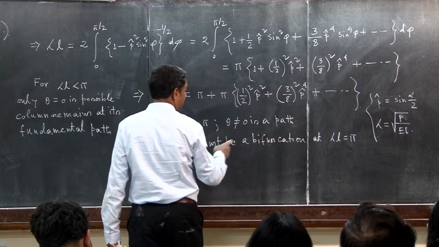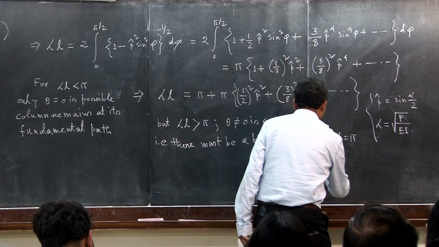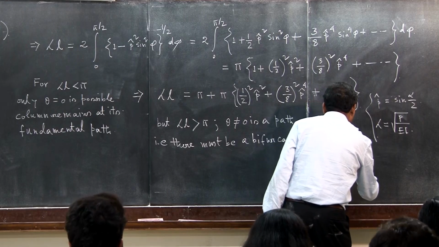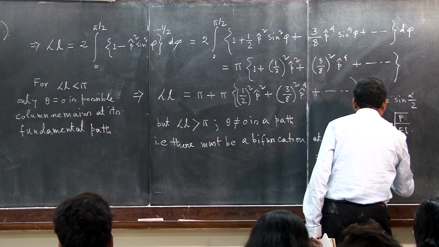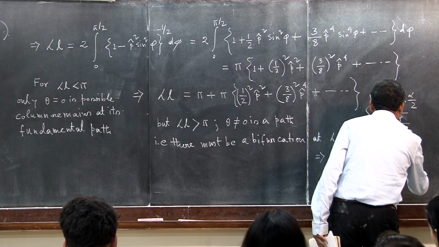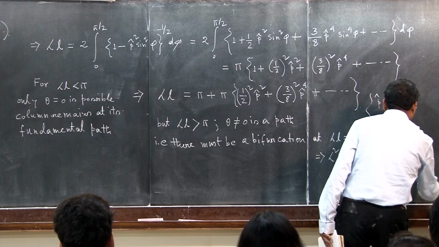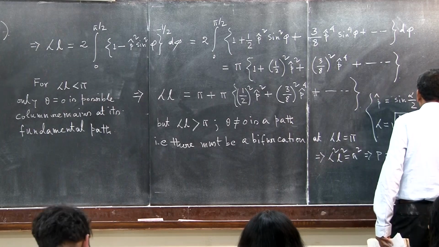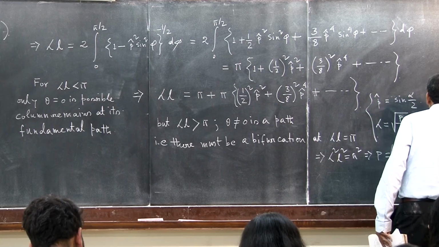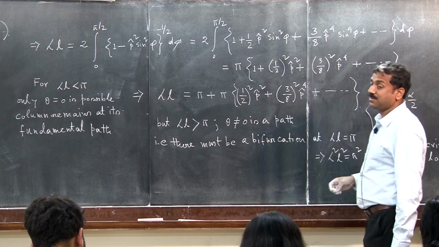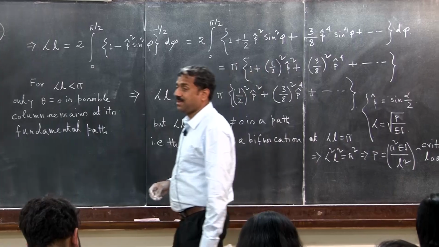What does it mean? Lambda L equal to pi is nothing but lambda square L square equal to pi square, and P is nothing but pi square EI by L square. That indicates the critical load. So bifurcation is happening at the critical load. The column is buckling. Understand?